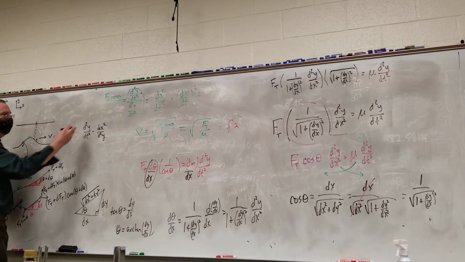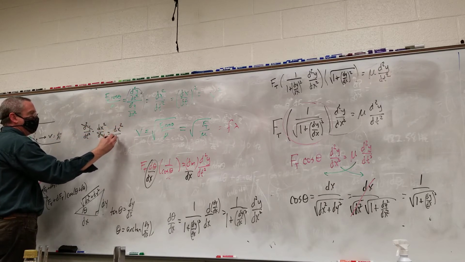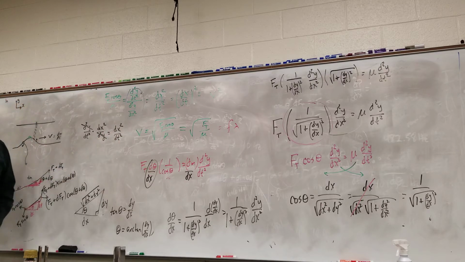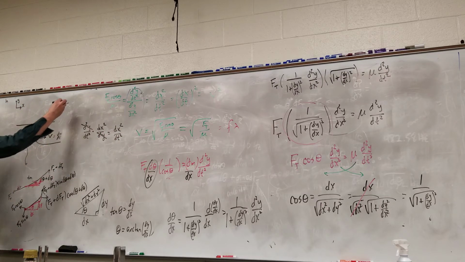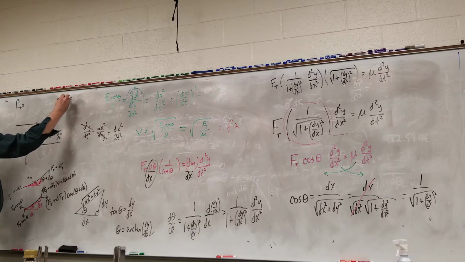Those cancel, and what I'm left with is dx squared over dt squared. But remember where this comes from. If I've got the derivative of, let's just use different letters there, I have p as a function of q.